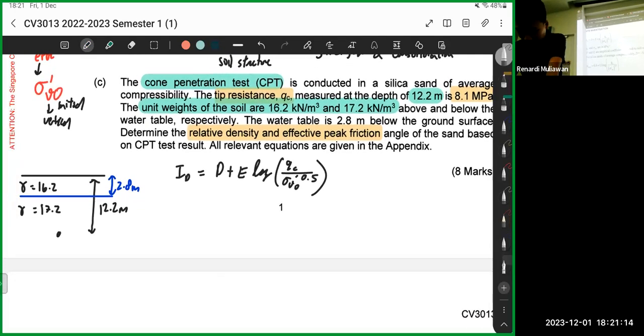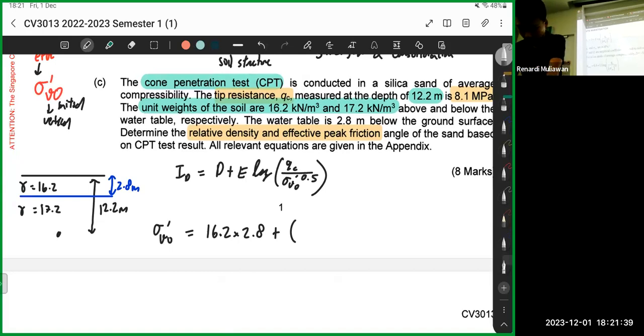So the initial vertical effective stress is 16.2 times 2.8, that's the weight of the soil here, plus, now we need to use the buoyant unit weight, the effective unit weight, because we're finding effective stress.